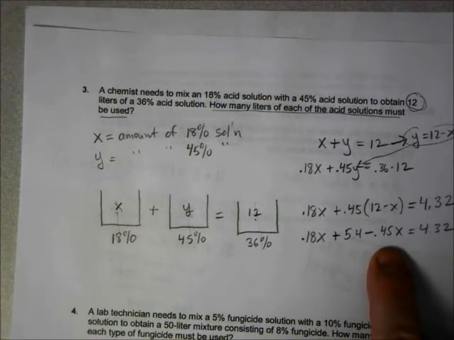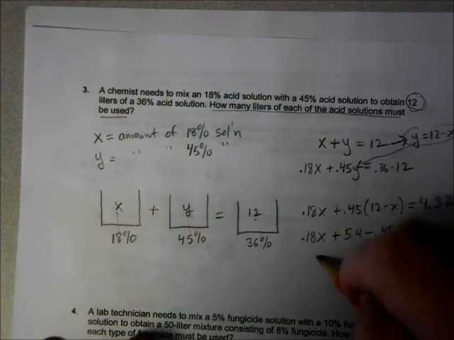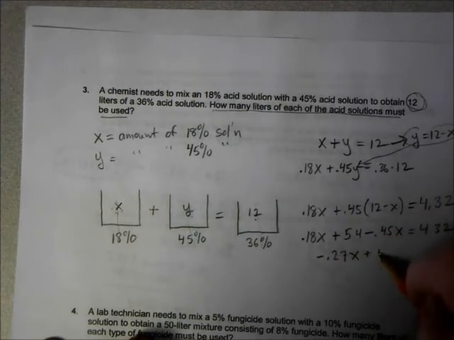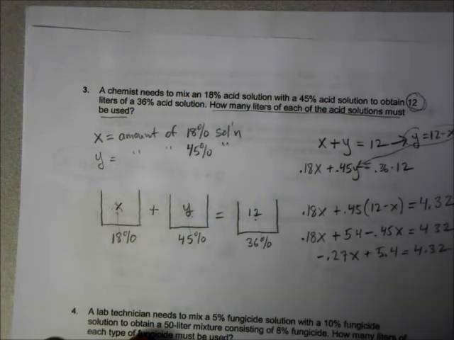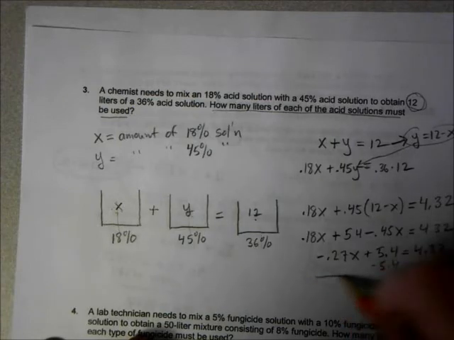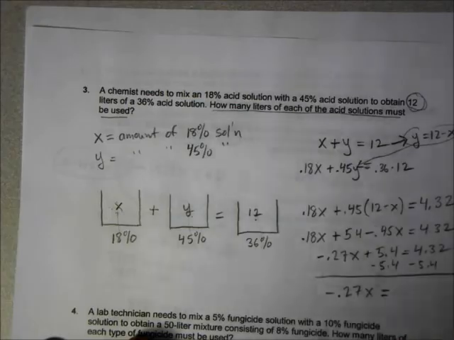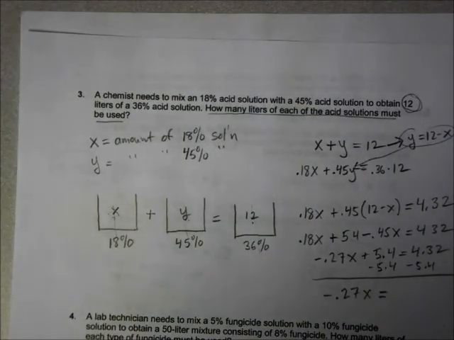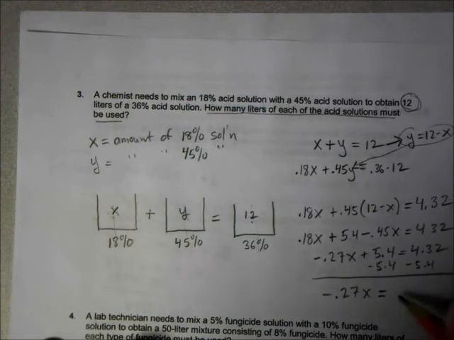Again, I'm using my calculator with these decimals. That's minus 0.27x plus 5.4 is 4.32. Subtract the 5.4 on both sides. Minus 0.27x equals 4.32 minus 5.4 is minus 1.08.